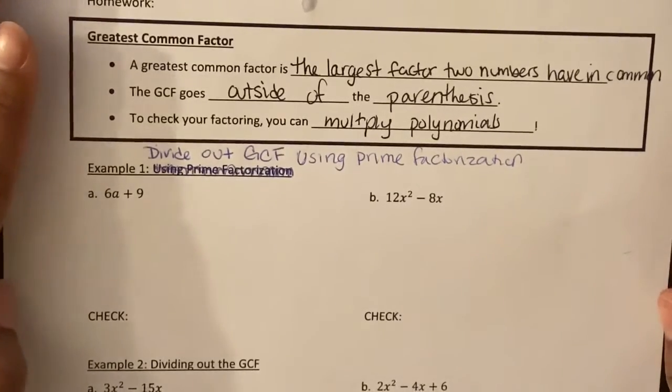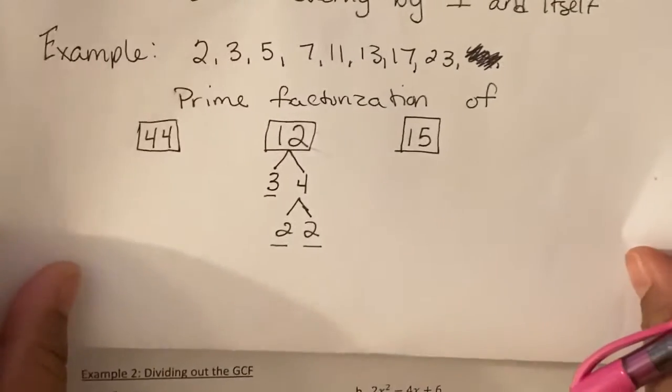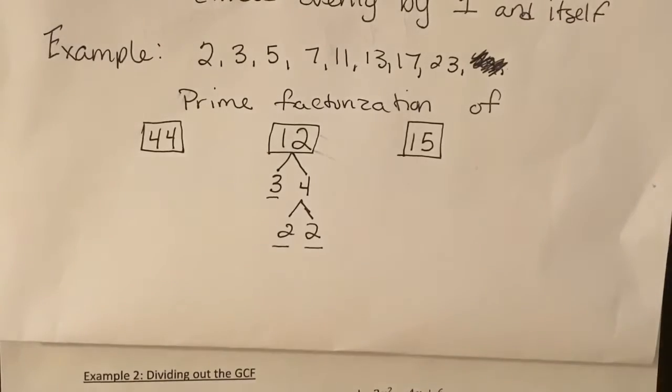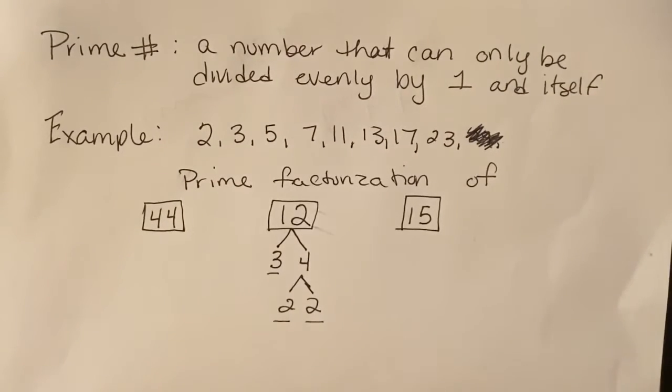Now let's review what a prime number is. A prime number is a number that can only be divided evenly by the number 1 and itself. So for example, 2, 3, 5, 7, 11, 13, 17, and 23.